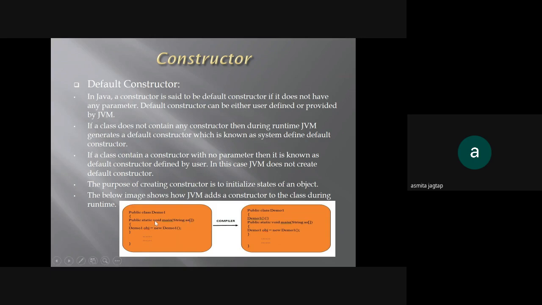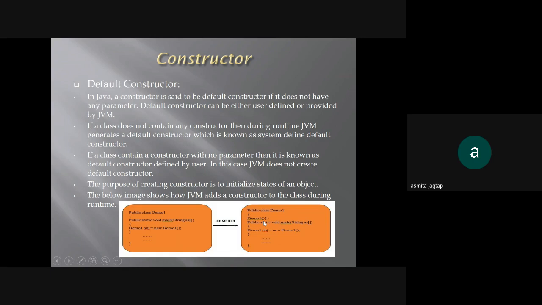Check this diagram here: I have a class Demo1, and I have not created a constructor. But when I compile it, the JVM creates the constructor for me. This is the default constructor, with the same name as the class and no implementation.